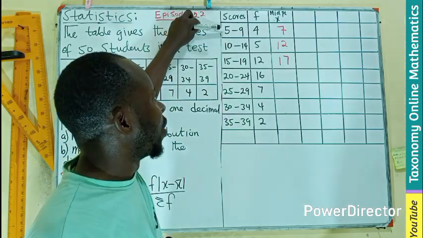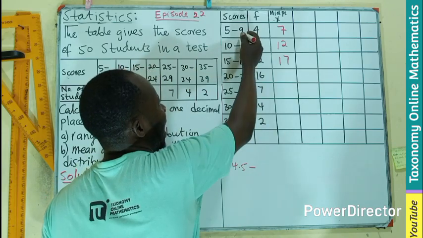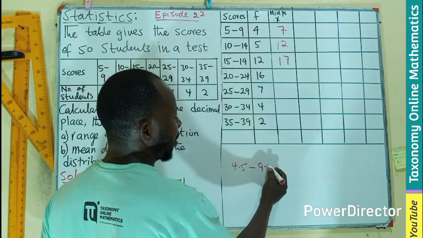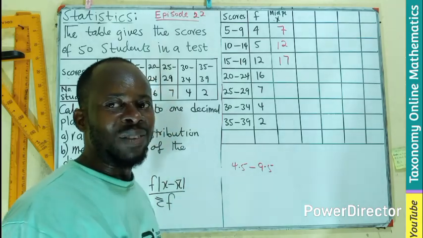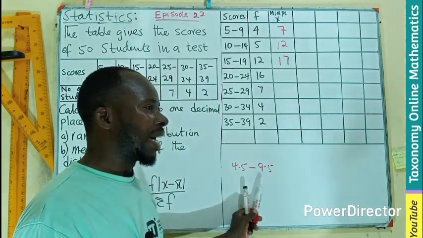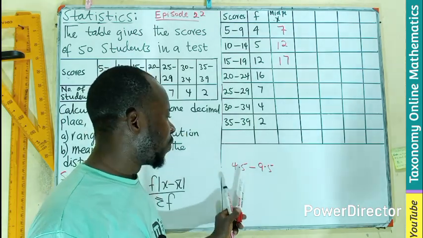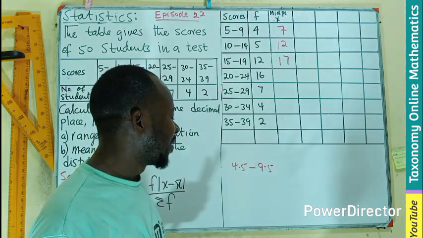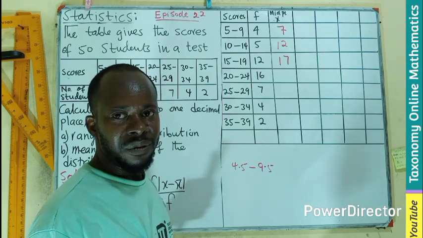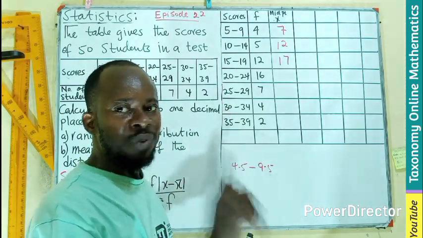So I subtract 0.5 here, that makes it 4.5. Add it to 9, that makes 9.5. That becomes the class boundary. So the class size is the difference between the class boundaries: 9.5 minus 4.5 gives 5. So the size of the class is 5.